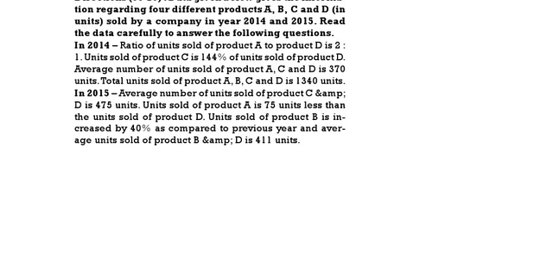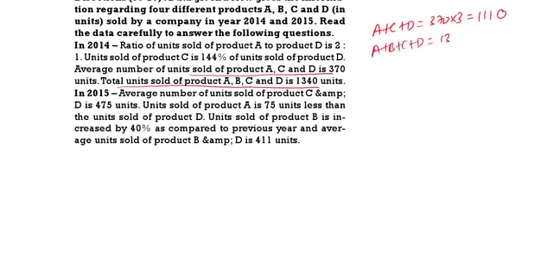That is 2014. See here carefully. The average of ACD is 370. That means A plus C plus D is equal to 370 into 3. What is 370 into 3? 1110.